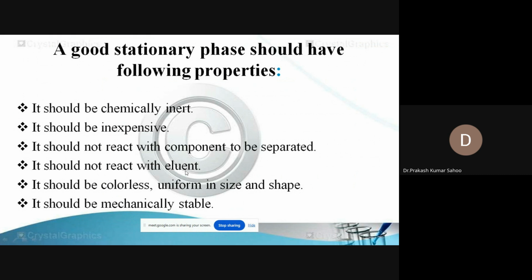It should not react with the solvent. It should be colorless, uniform in size and shape. It should be mechanically stable. So these are some basic characteristics or properties a good stationary phase should have: it must be inert, inexpensive, should not react with any component or the solvent, should be colorless, uniform in size and shape, and mechanically stable.